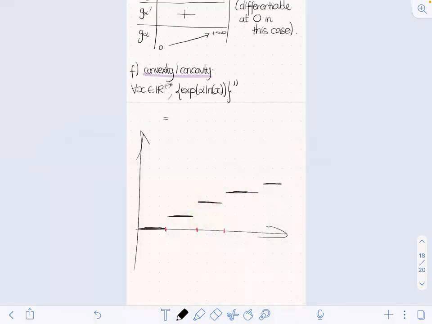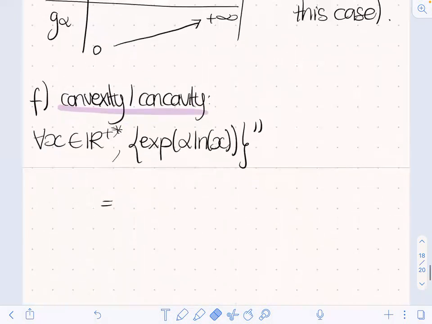Then your function is still going to be convex, because your first derivative is non-decreasing. But you have to really look at the behavior of the first derivative. And in most of the cases that you'll be in, your function will be twice differentiable if you have to deal with convexity or concavity. Okay, thank you. You're welcome.